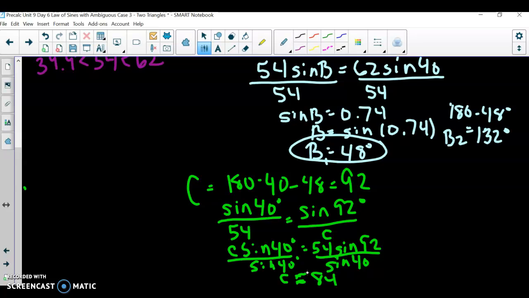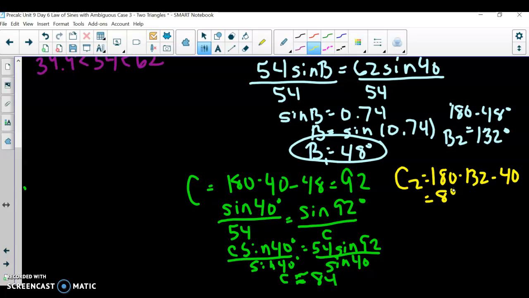That's one case. Remember, we still have a second case. So what is our C2 angle? Right here, if B2 is 132, then C2 would be 180 minus the 132 from B2 minus the 40 degrees from A. So what does that come out to be? A total of 8. I can still have an angle that's 8 degrees because it still equals 180. Okay.